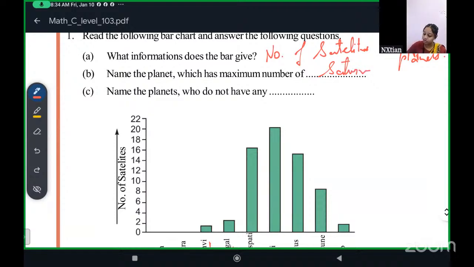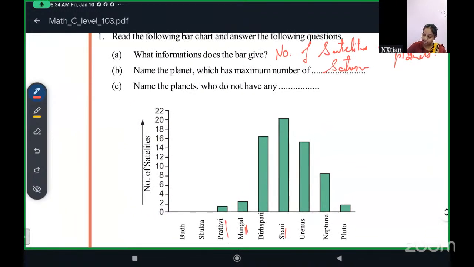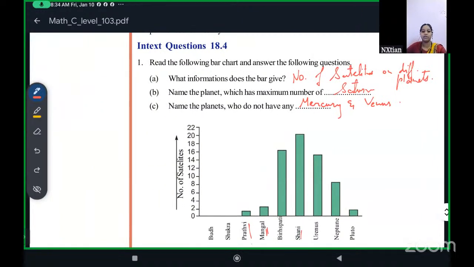And those that do not have any are Budh and Shukla, that is Mercury and Venus. So sometimes we'll be given a graph, and we have to answer the questions with the graph.